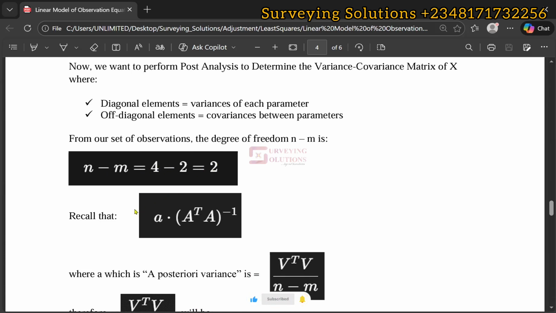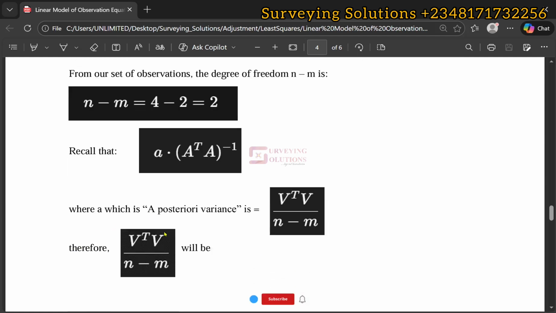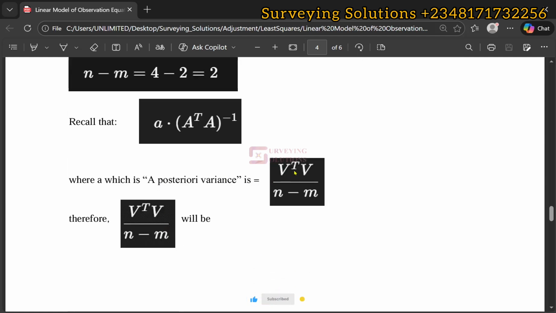And then we should also recall that we have a formula that gives us the estimate for the variance covariance matrix to be the a posteriori variance multiplied by A transpose A inverse, right? Good. So where the a posteriori variance is equal to V transpose V all over n minus m, right?